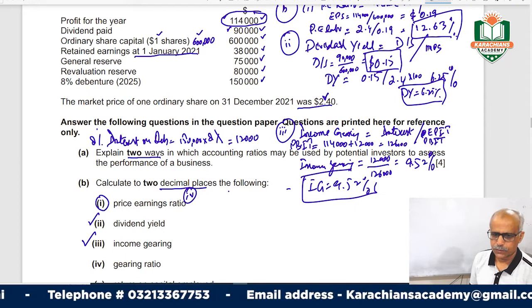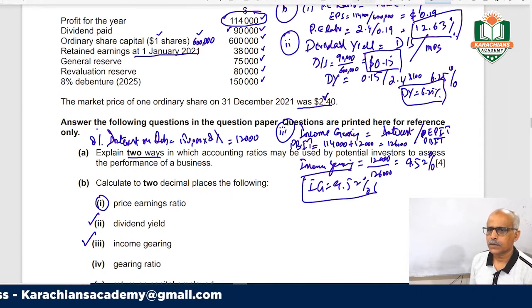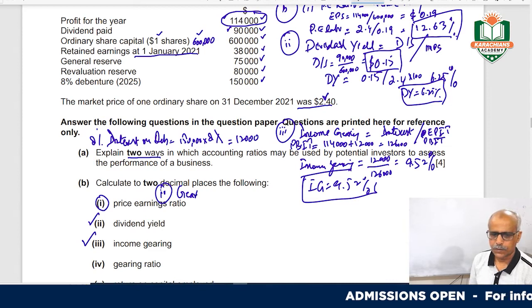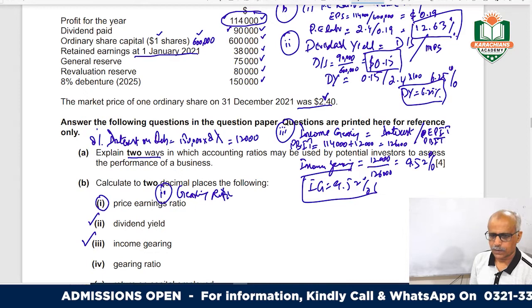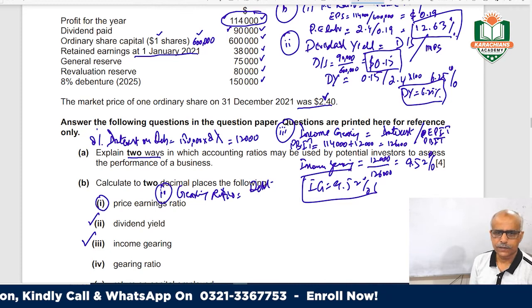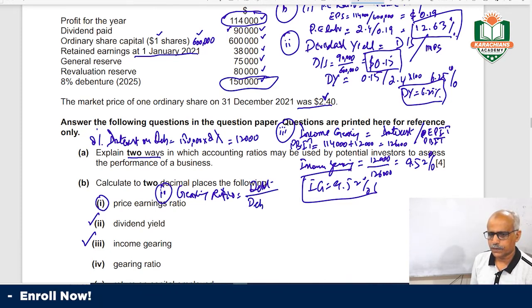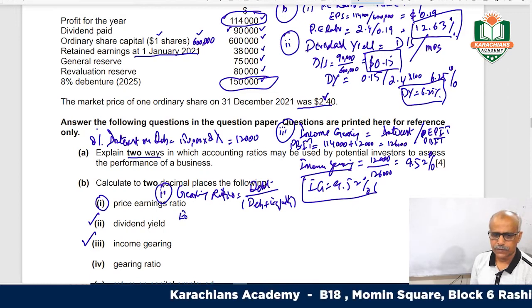Space is less, so we can do it here. Gearing ratio, debt to equity ratio. So this will be debt, and your debt is this one, divided by debt plus equity. So we should see how much equity is.